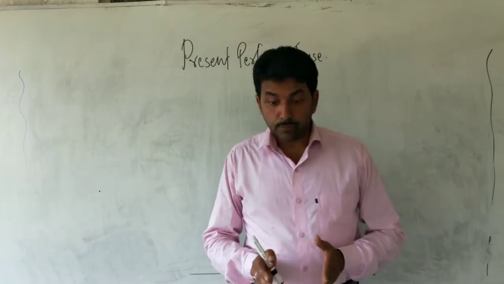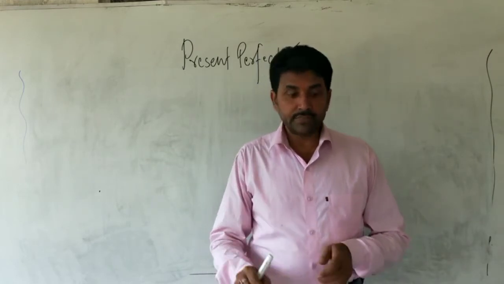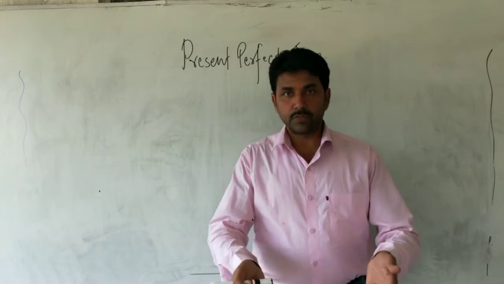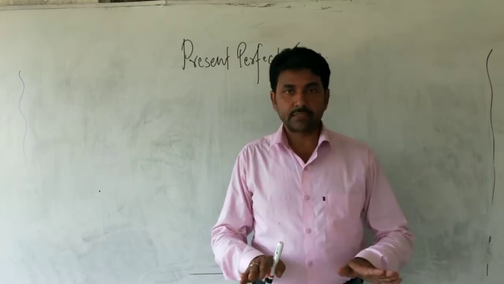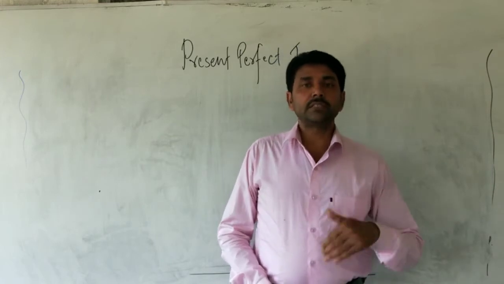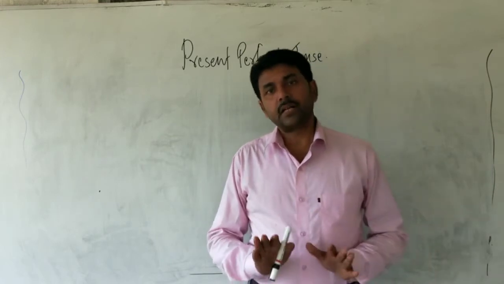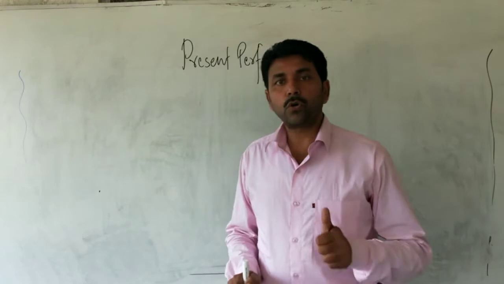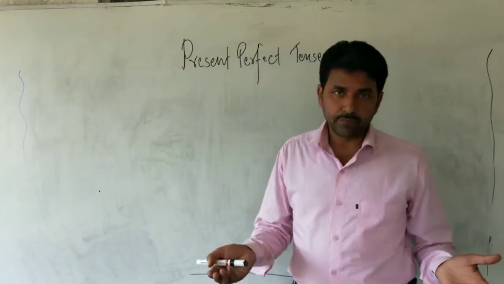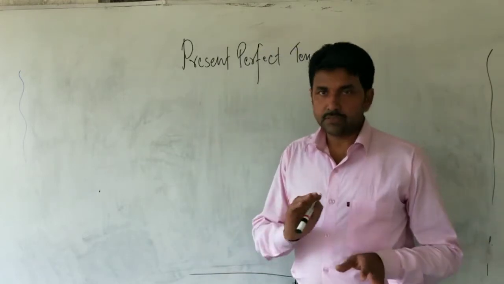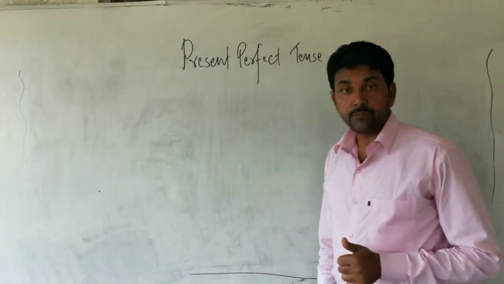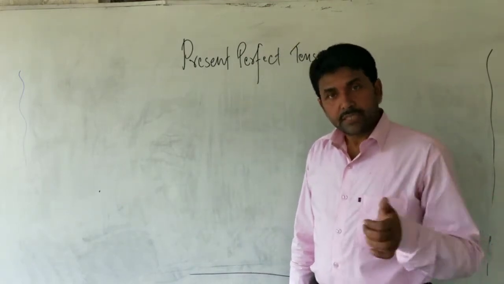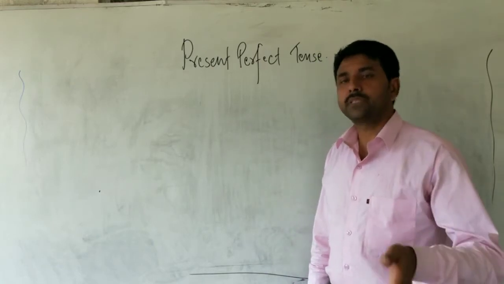Until now, maybe my copies and books may be on my desk and still I am sitting at the desk. Only the action is completed and the time is not known, or we do not want to tell the time. There may be these types of conditions. So when we don't know the time and the action is completed recently, we use present perfect tense.